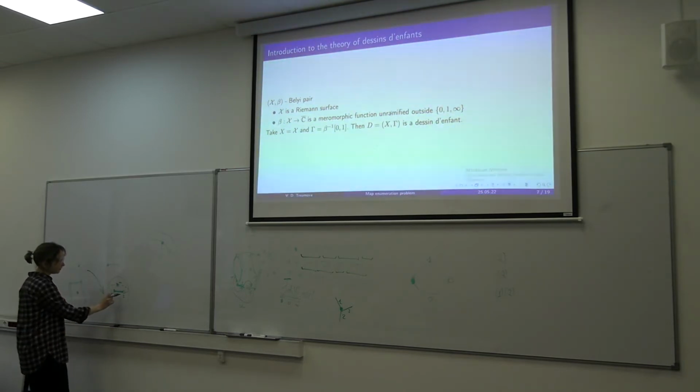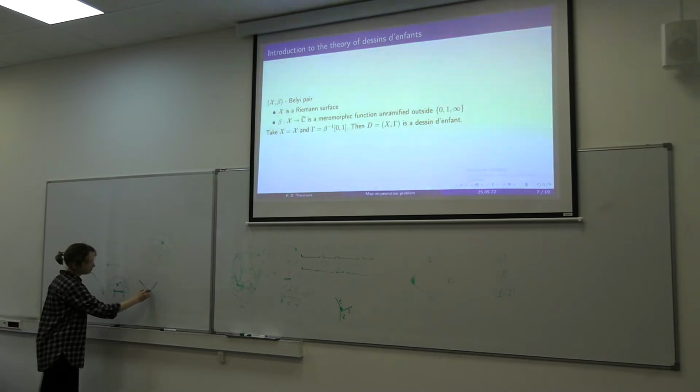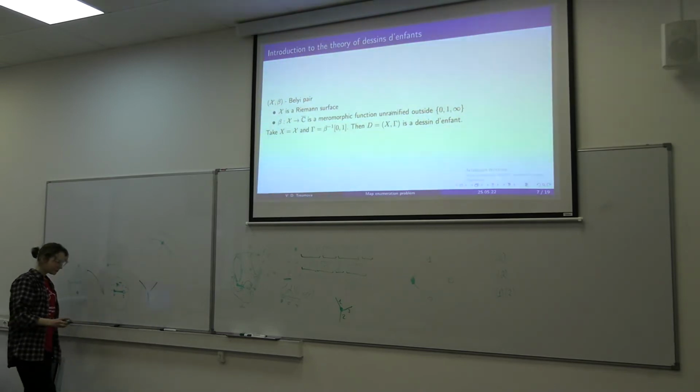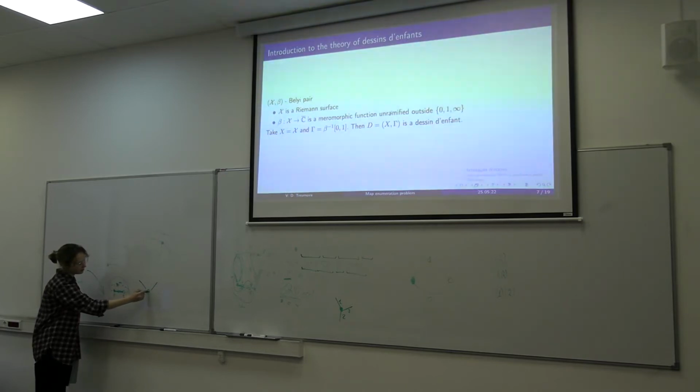Then if we take an edge and don't take the ends of the edge, we get just 3 preimages of this. Edges are just preimages of the segment. Yes, and the covering is this: this is the point of ramification, and if we take the preimage, the preimages of 0 are points where the edges intersect.